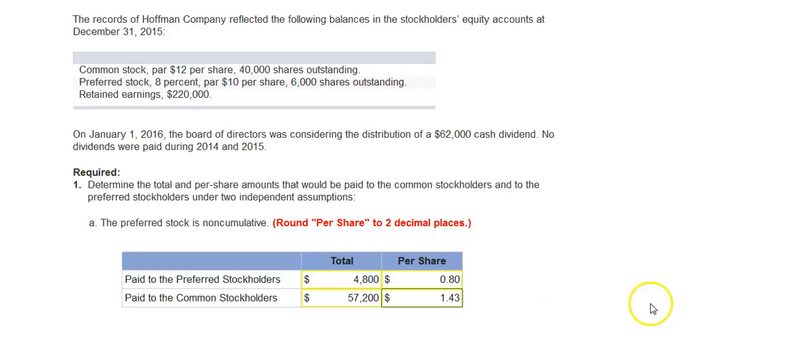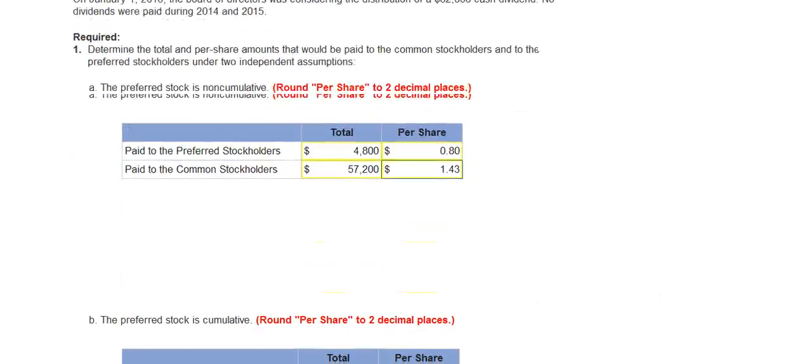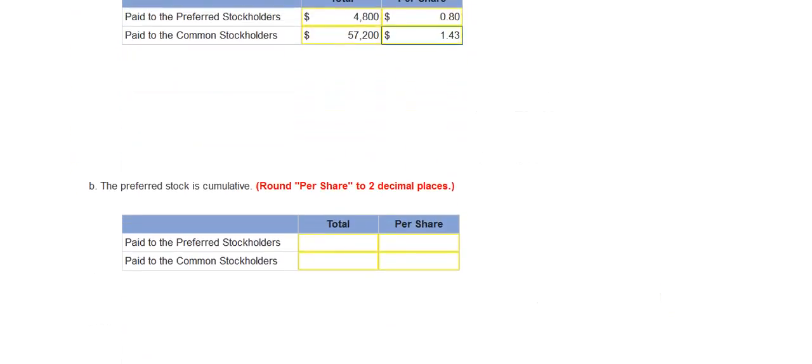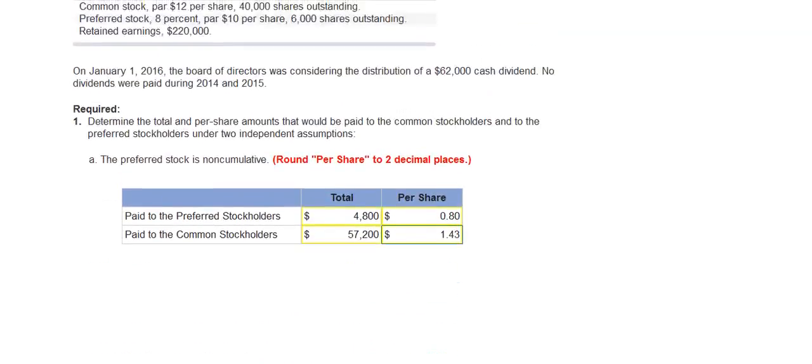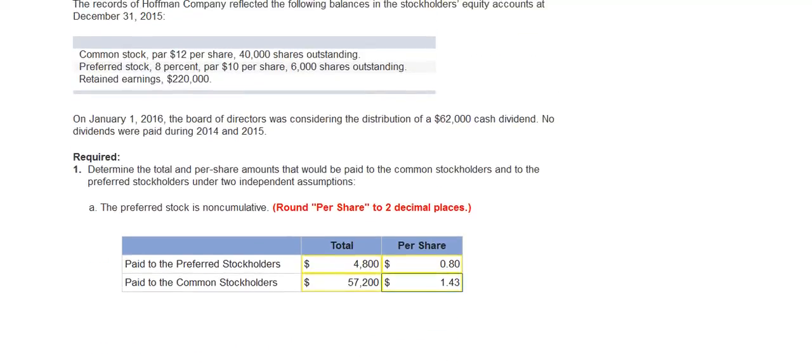Now let's see what would happen if the preferred stock is cumulative. Well, let's see if there are any dividends in arrears, if there were any years during which dividends were not paid. And there are some. It says no dividends were paid during 2014 and 2015. That means that we would owe for both of those years plus the current year.